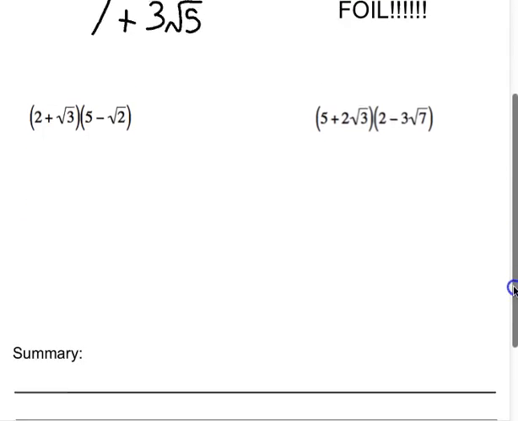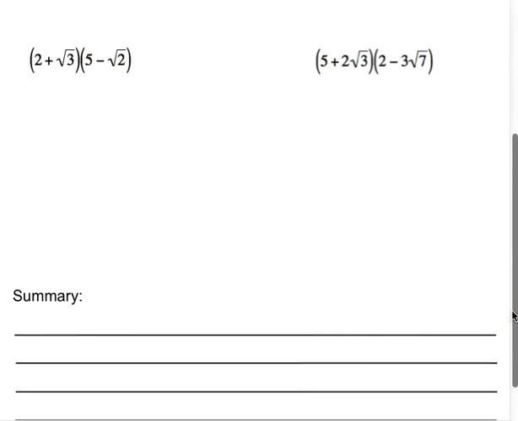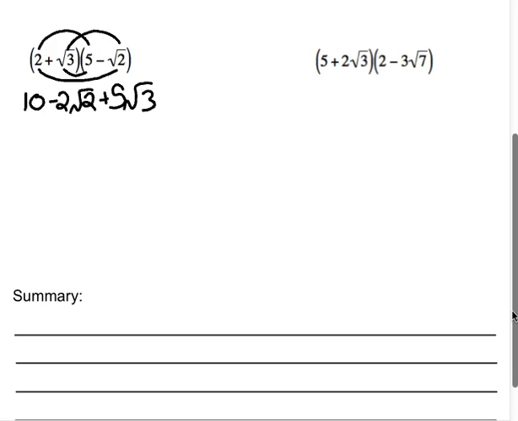So let's do another example. Again, let's FOIL this out. 2 times 5 gives me 10, minus 2 square roots of 2, plus 5 square roots of 3, minus, now both of those things are inside the radical, so I'm going to multiply those numbers and leave them inside the radical, right?